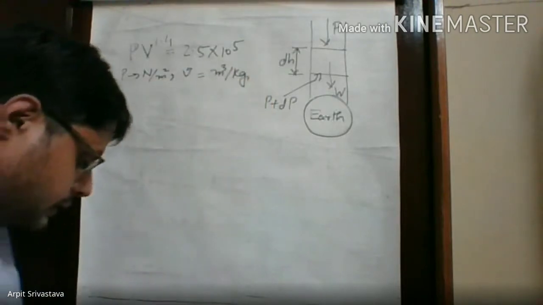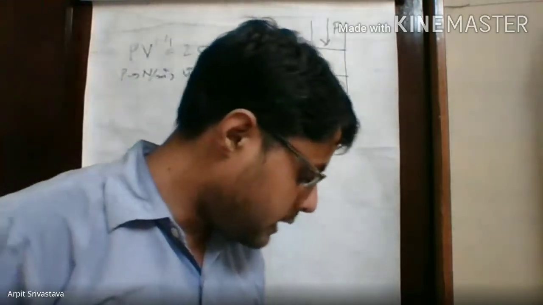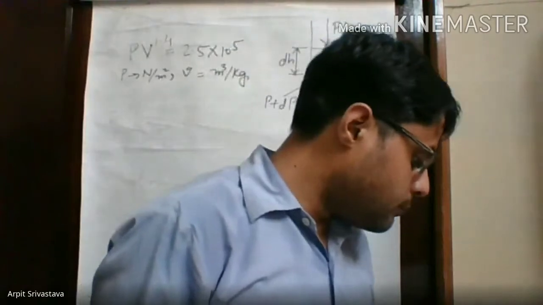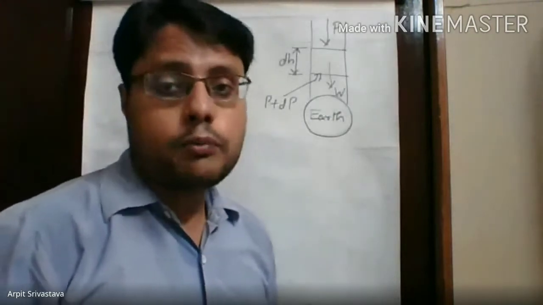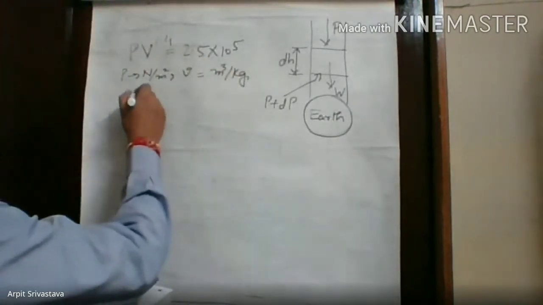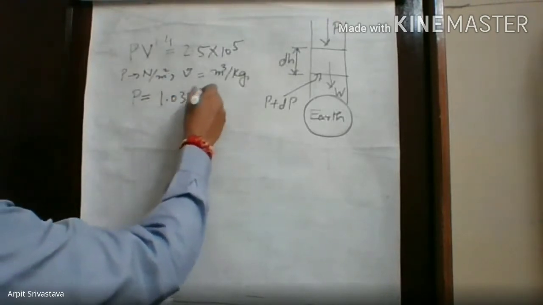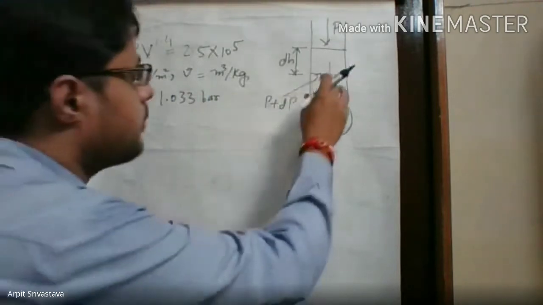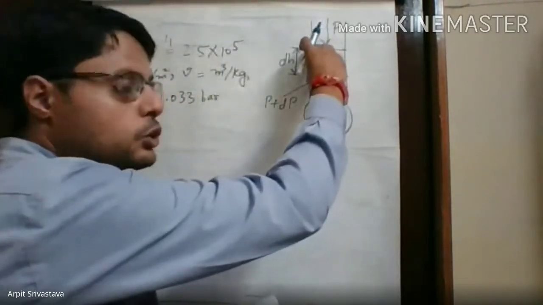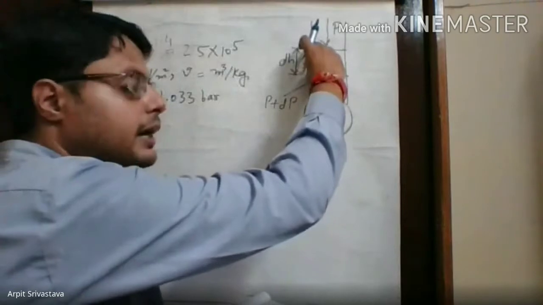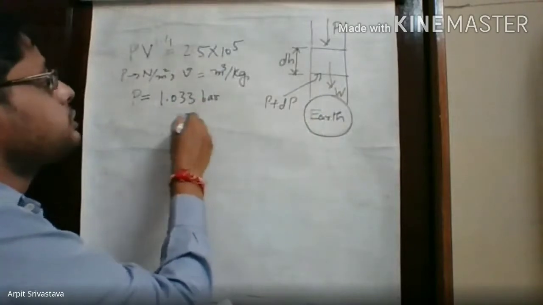Okay, so the question is: what depth of atmosphere is required to produce a pressure of 1.033 bar at the Earth's surface? The question is asking about the height of this atmosphere layer which produces a pressure on Earth's surface of 1.033 bar.